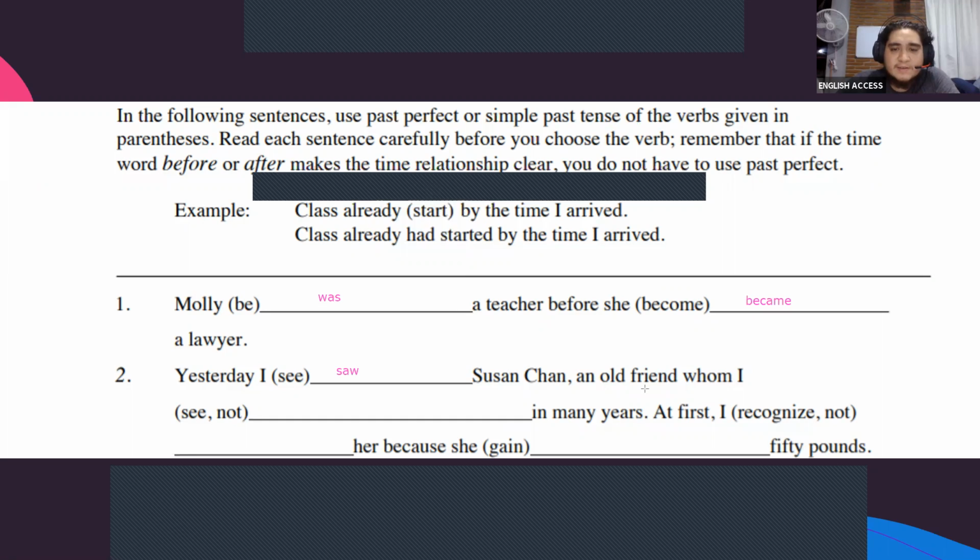Number two, why do we know that the first one is the simple past? Because of yesterday. Exactly. We have a specific time.